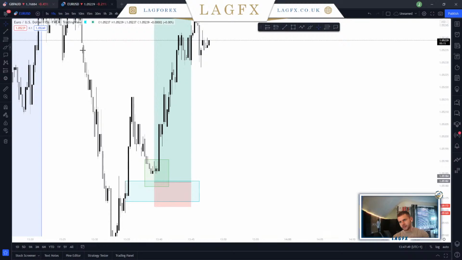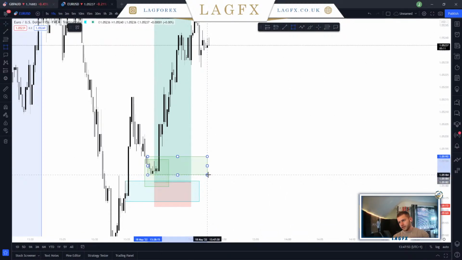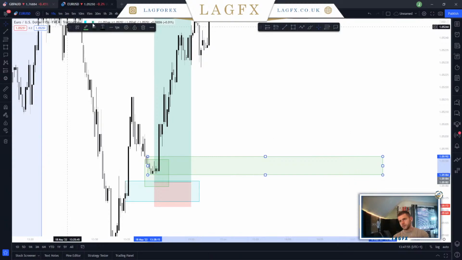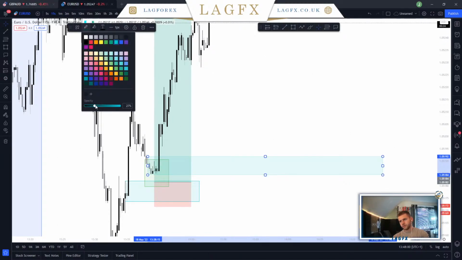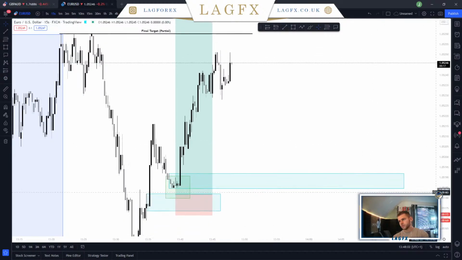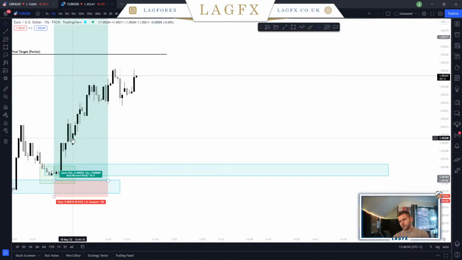But as I stated, we could just say that we want price to mitigate something inside of this accumulation, having this as a demand zone. And everything else does look okay.